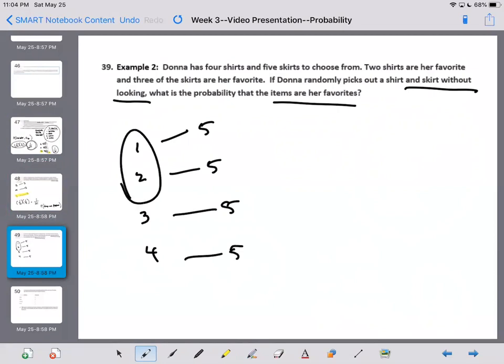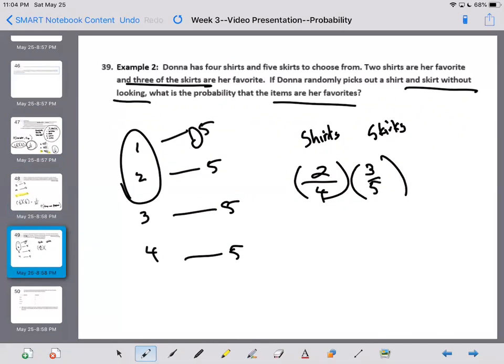So 2 of the 4 are her favorite shirts. And then her skirts, she has 3 of the skirts are her favorite. But she has 5, but we'll say that 3 of them. So we would say 3 of the 5 are her favorites.